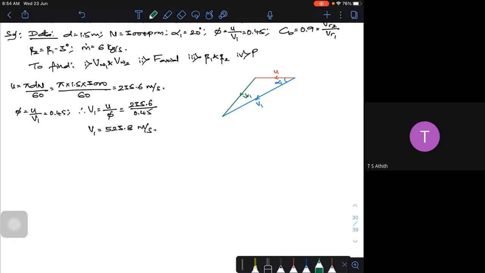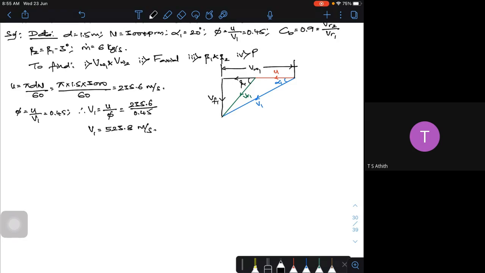Then I have the components, VW1 and VF1. This is my VF1 and this will be my VW1 in this direction. I got my inlet velocity triangle and this is my beta 1.